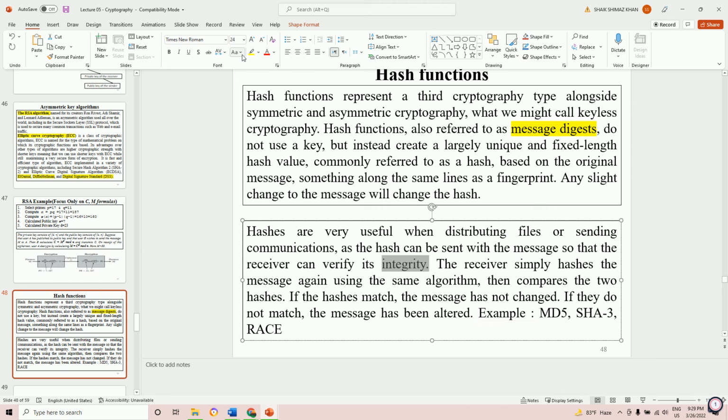Very important. Hash values are used to check the integrity of the data. When you send a message to the receiver, the hash value is used to verify the integrity of the message. The receiver simply hashes the message again using the same algorithm, then compares the two hashes.